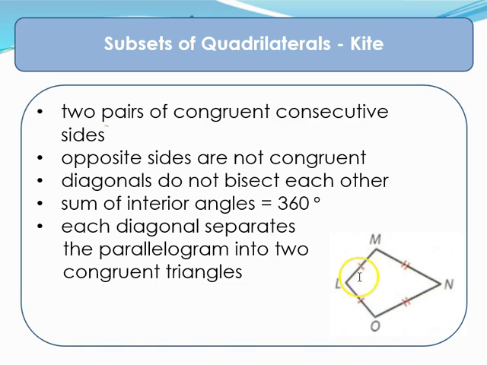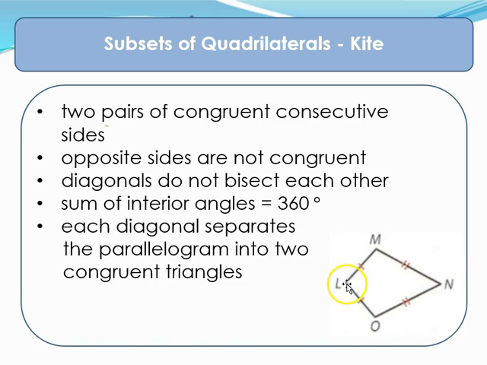Segment LM here is congruent to segment LO, and MN is congruent to ON, but they are not all congruent to each other, and their opposite sides are not congruent to each other, which means their opposite angles of L and N will not be congruent, though in a regular kite M and O might be, but each kite will be a little bit different.